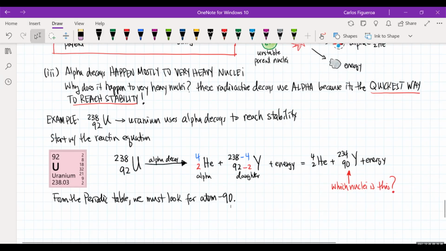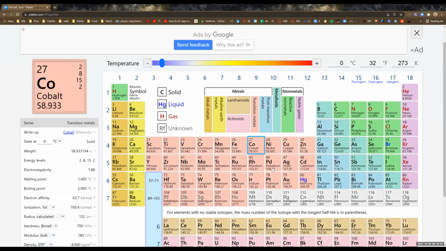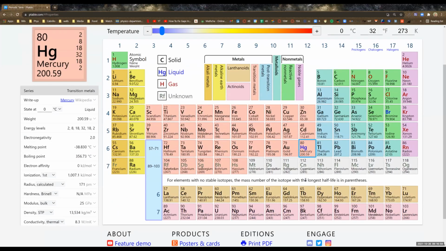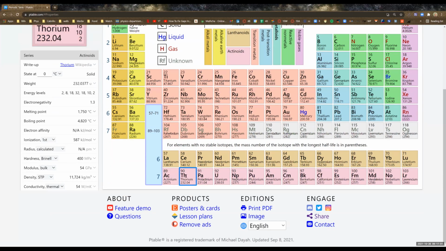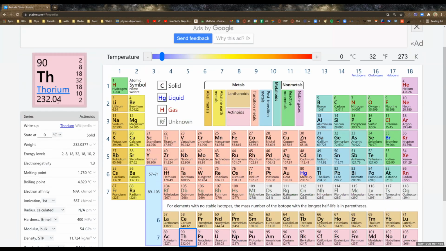So if I go and do that, look at this, I got to go look for 90. So here's 80. There's 90 right there. So that's thorium.